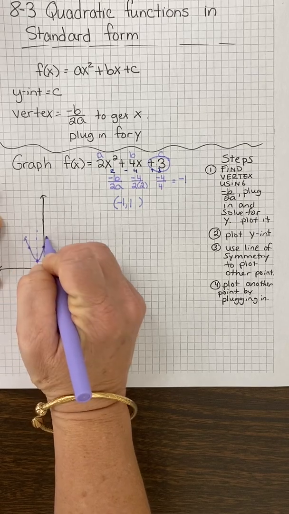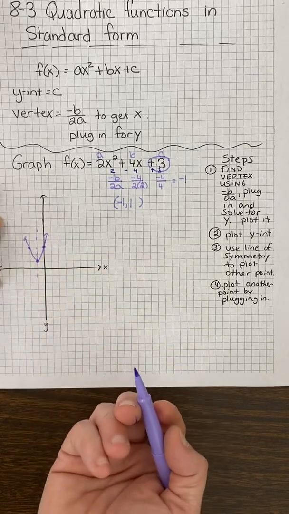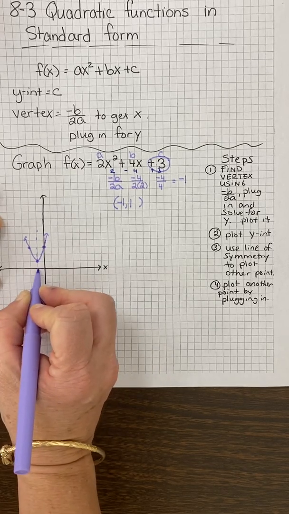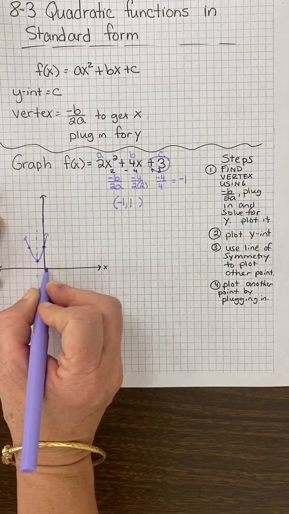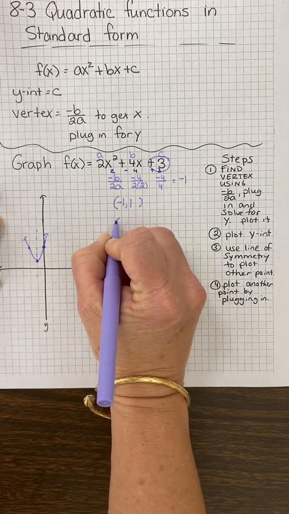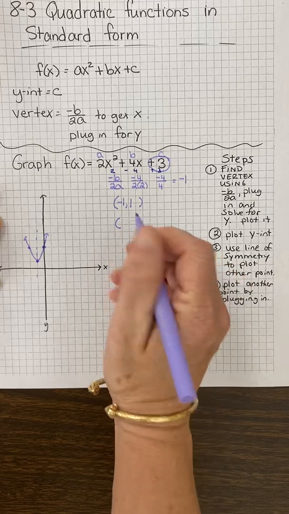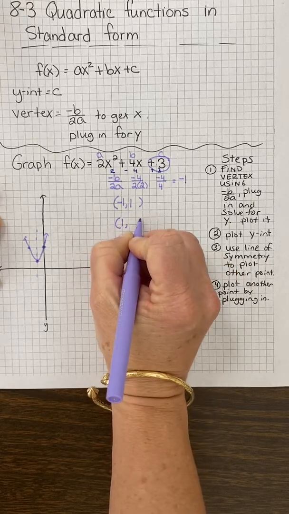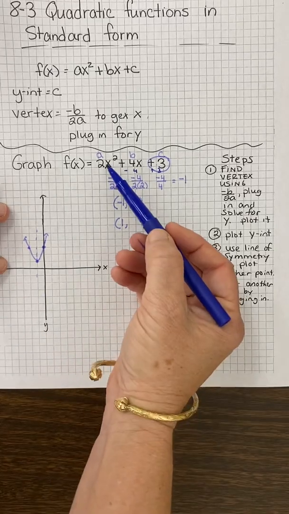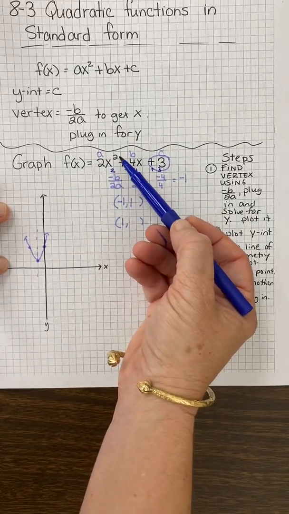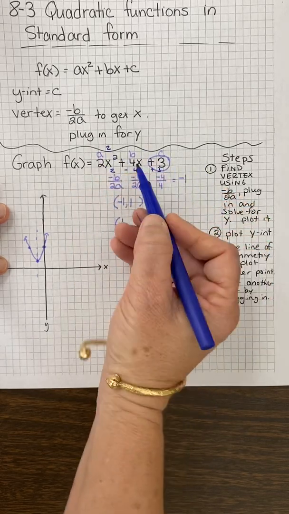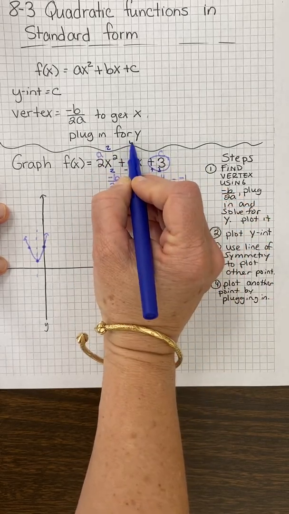Now, I really do like to plot another point. So since I have on the x value, I have a negative 1 value, I have a 0 value, I'm going to go ahead and plug in a 1. So when I'm going to try to find another point, which we're all the way to step 4, where I plugged in a 1 value. All right, and once again, I kind of have to do it up here. This is a positive 1. 1 squared is 1. 1 times 2 is 2. 1 times 4 is 4.